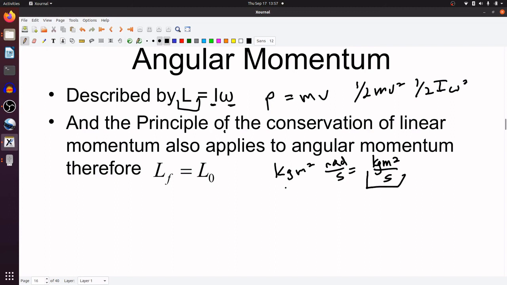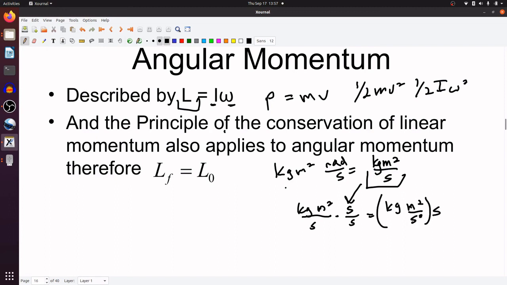Another way of expressing it, I don't see this as often. This is the preferred unit, but let me show you. I could take kilogram meter squared per second and then multiply the top and the bottom by seconds. That'll give me a kilogram meter squared per second squared times a second.